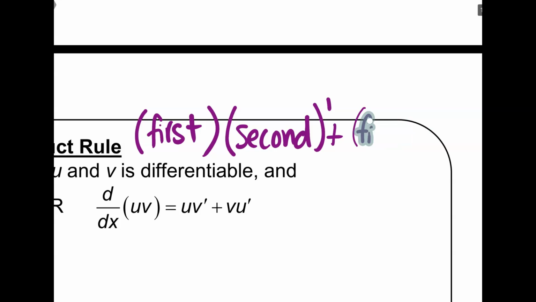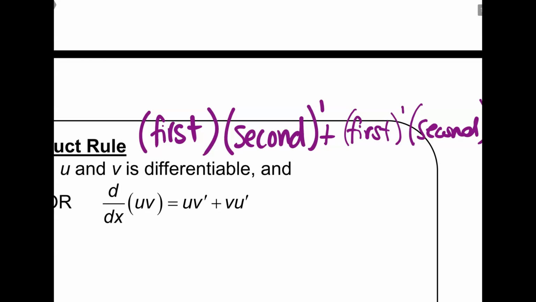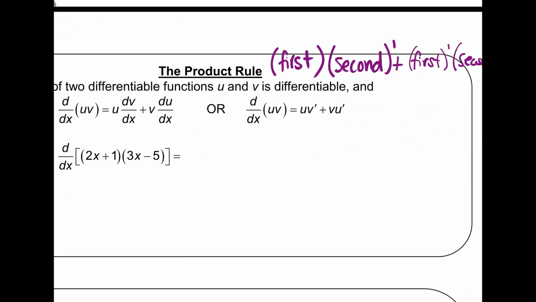So that's what this is saying: u dv plus v du. If you're multiplying two things together, look at this example here. I have 2 factors.